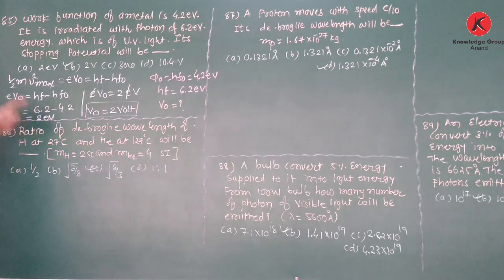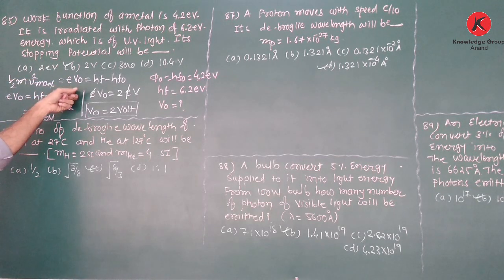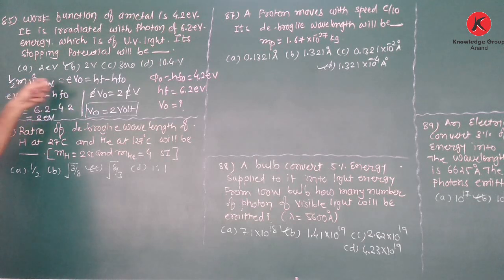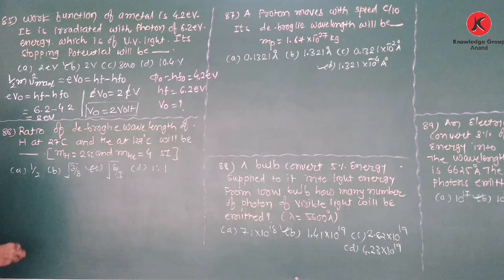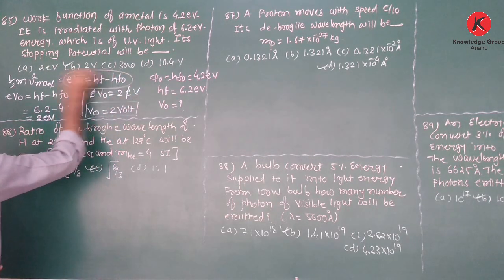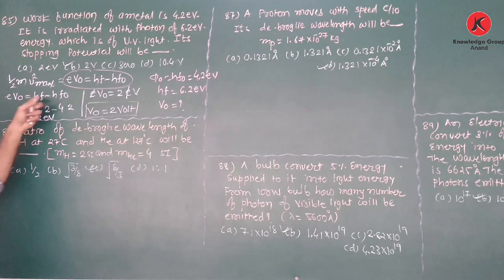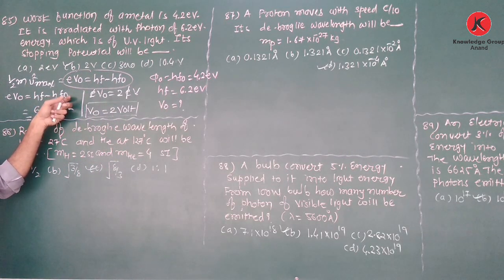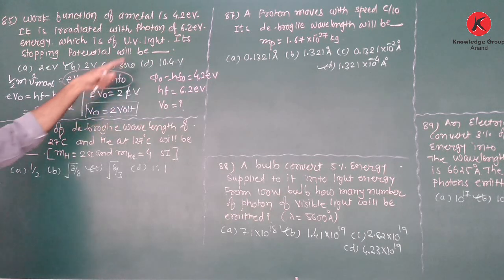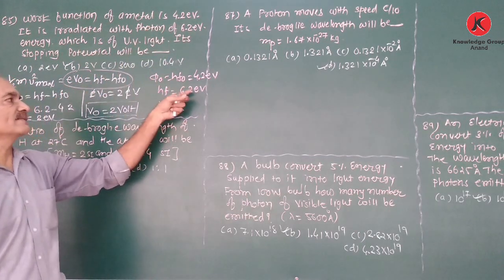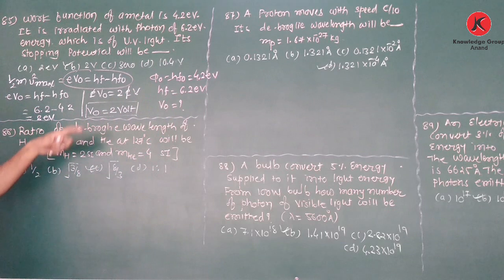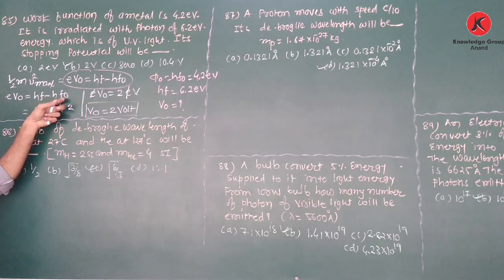Again, from Einstein's photoelectric equation, half m v square maximum is equal to eV0 is equal to hf minus hf0. We are using this concept. eV0 is equal to hf minus hf0. hf is the energy of the incident photon, that is given as 6.2 electron volt. hf0 is the work function.